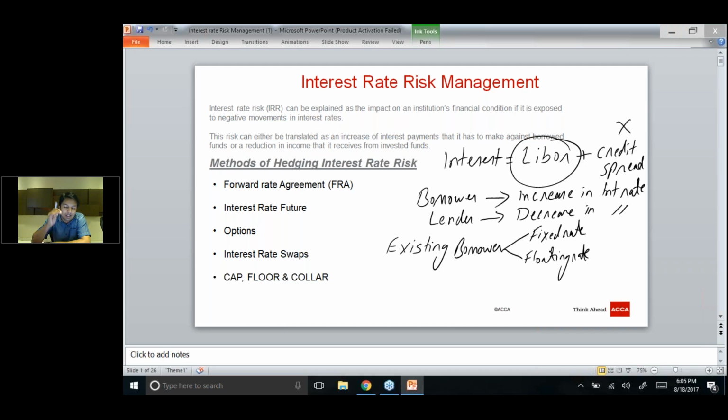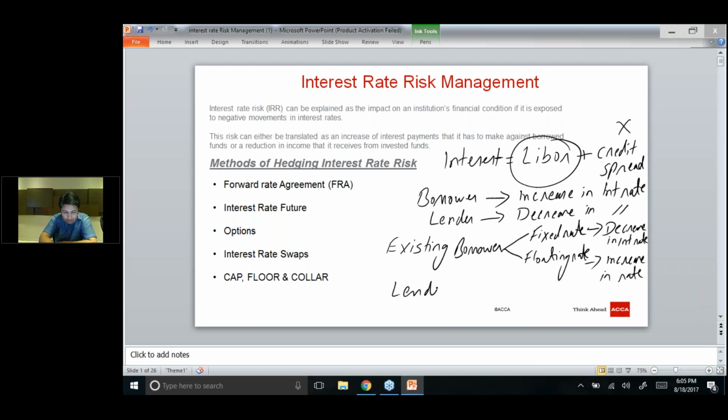If interest rate decreases, you will face a loss. So in this case, you will face the risk of a decrease in interest rate. And in case of floating rate, definitely you will face the risk of an increase in rate.